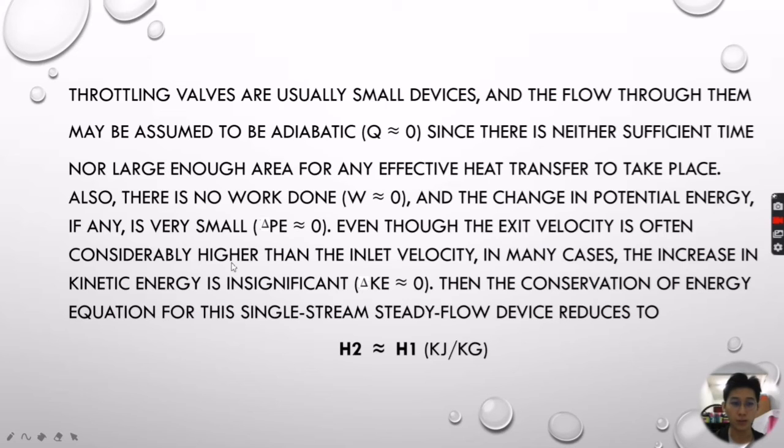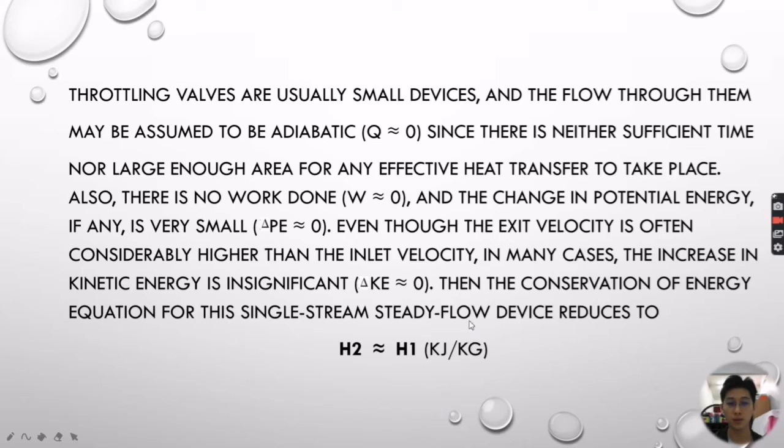Velocity is often considerably higher than the inlet velocity. In many cases, the increase in kinetic energy is insignificant, so the change in KE equals 0. From these assumptions, the conservation of energy equation for this single stream steady flow device reduces to H2 nearly equal to H1.